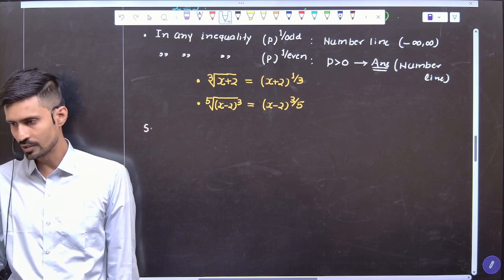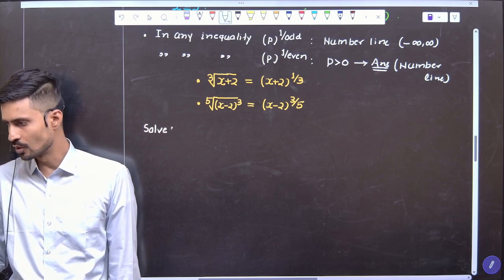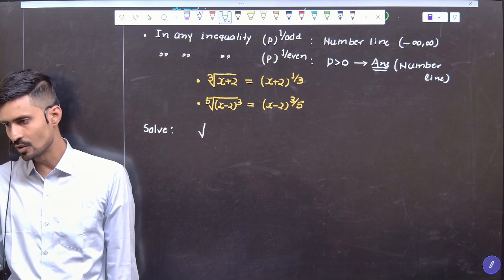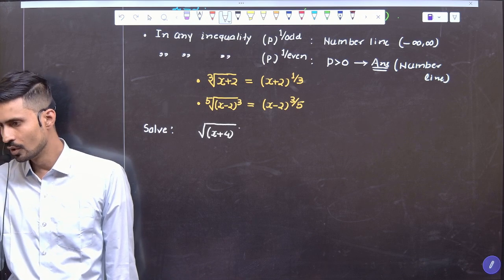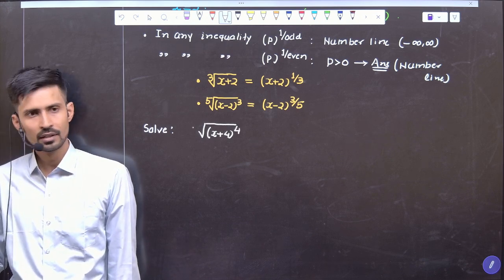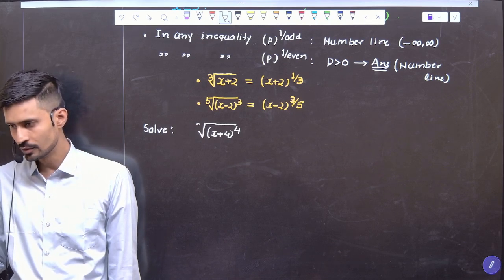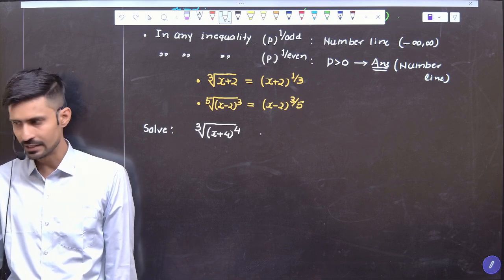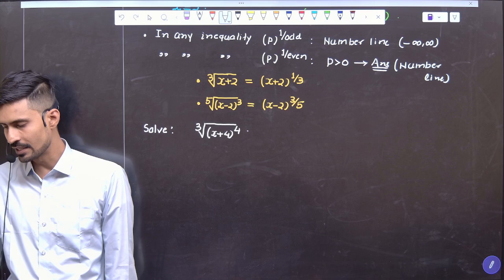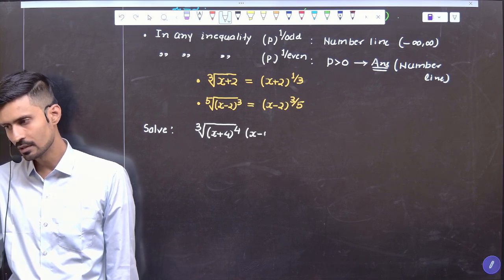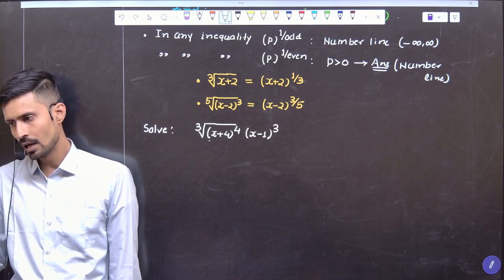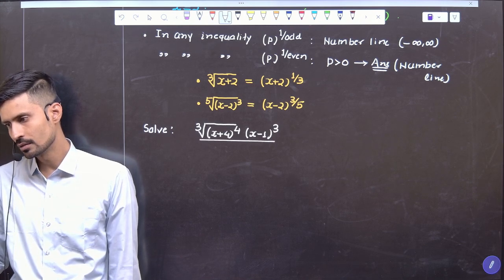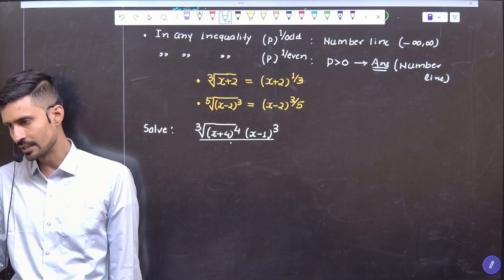You will not write the question now. Solve: the root with 3 of x plus 4 raised to 4, into x minus 1 cube, upon x minus 2.